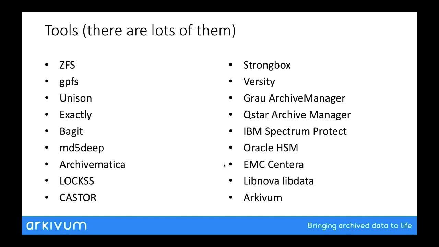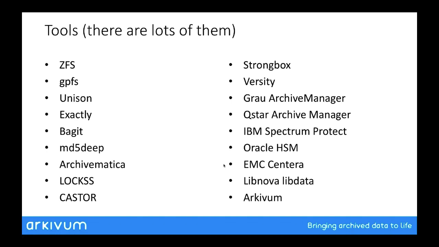So it ranges from self-repairing file systems to file replication, checksumming, fixity checking, hierarchical storage management, data lifecycle management, and more. There's open source and commercial products and services, and it's possible to mix and match them. And storage can be on-premise, hosted, or provided by a third party.